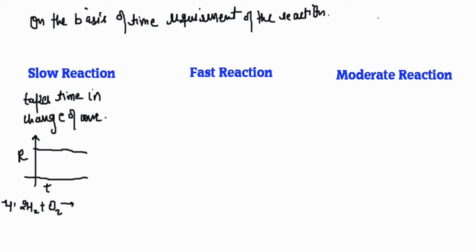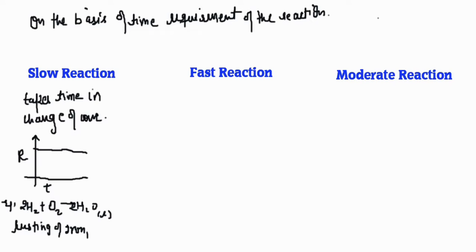You can also name the rusting of iron, and the conversion of carbon graphite into carbon diamond. These are all examples of slow reactions.